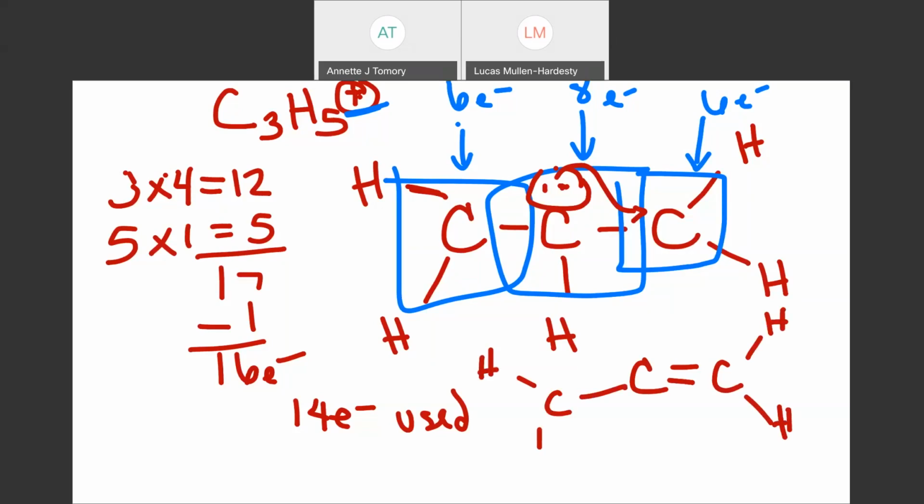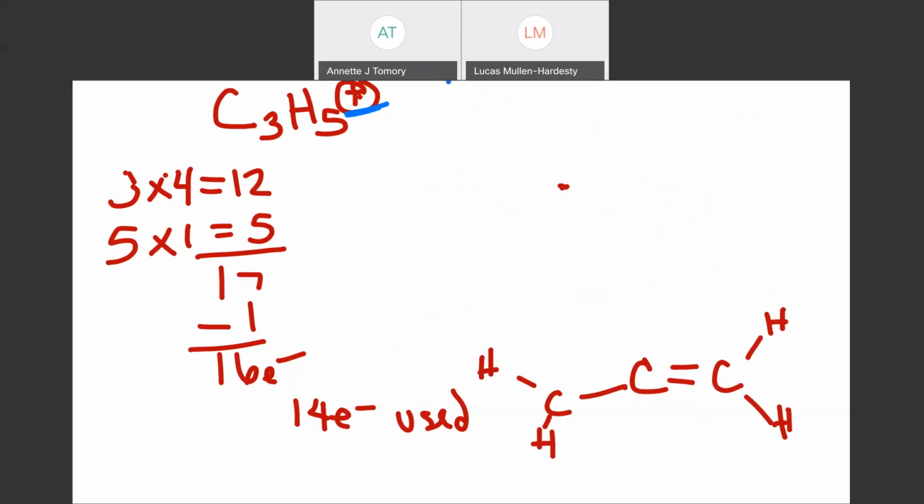This is getting cluttered, so let me erase the stuff on top so that it's less cluttered. All right, as I'm looking at this, is the carbon on the right, does that have a full octet now?